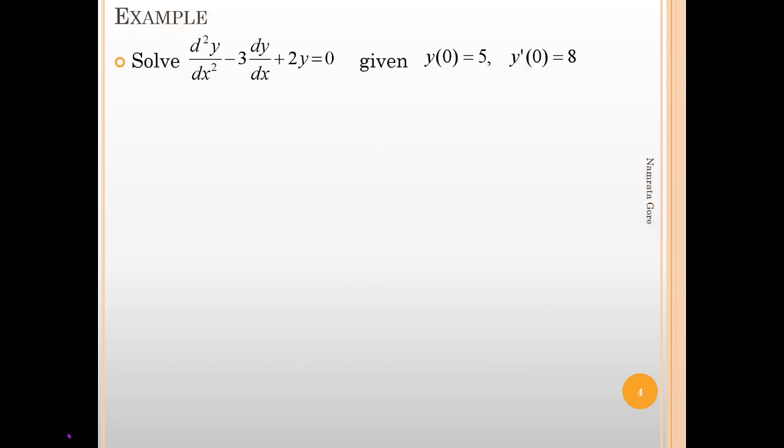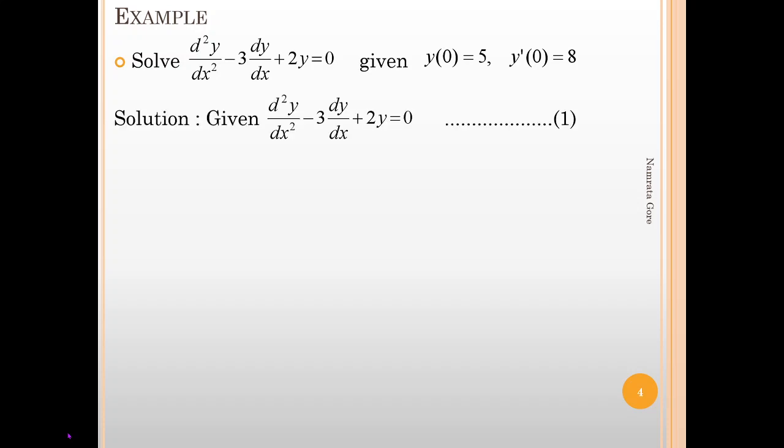Solving the example, d2y by dx square minus 3 dy by dx plus 2y equal to 0 with the given conditions y of 0 equal to 5 and y dash of 0 equal to 8. So we call the first equation the given differential equation and then we go for the substitutions.